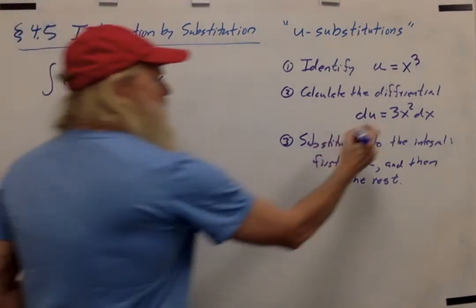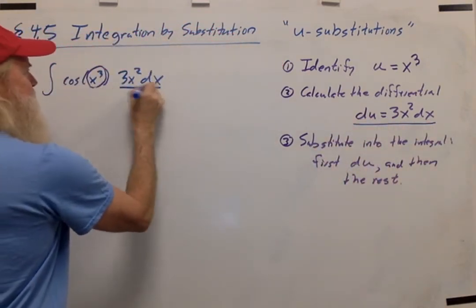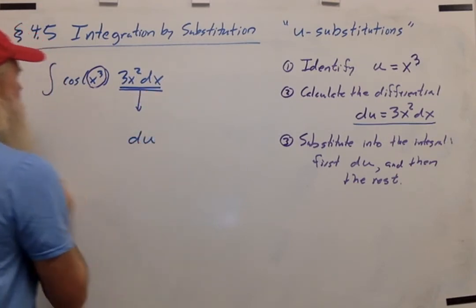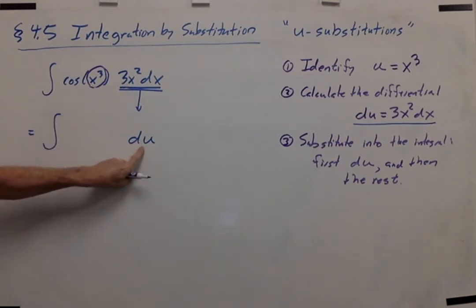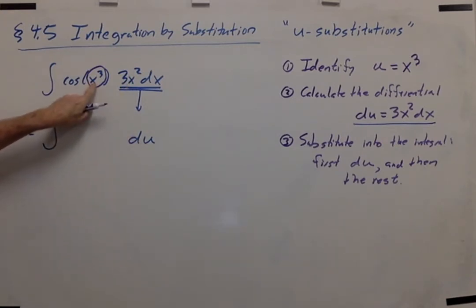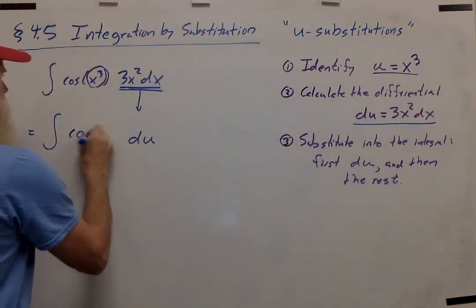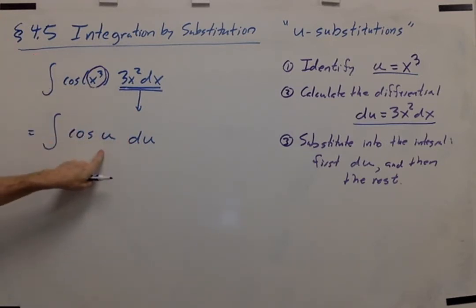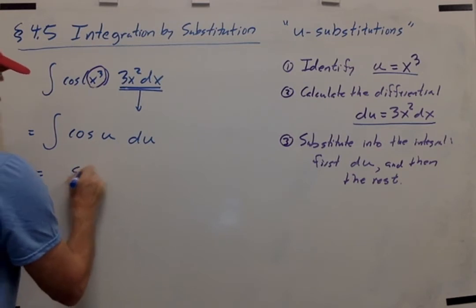So first of all, since du is the same as 3x squared dx, I'm going to replace the 3x squared dx with du. So first of all, you substitute the differential, and then this x cubed, I can replace with u. So this antiderivative becomes the antiderivative of cosine u du. Well, that now is an easy one. Now you take the antiderivative.